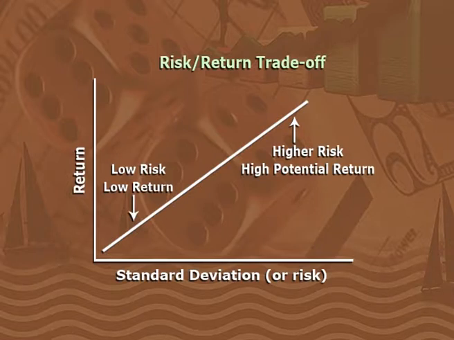Risk is measured along the horizontal axis and increases from left to right. Expected rate of return is measured on the vertical axis and rises from bottom to top. The diagonal line illustrates the concept of expected rate of return increasing as the level of risk increases.